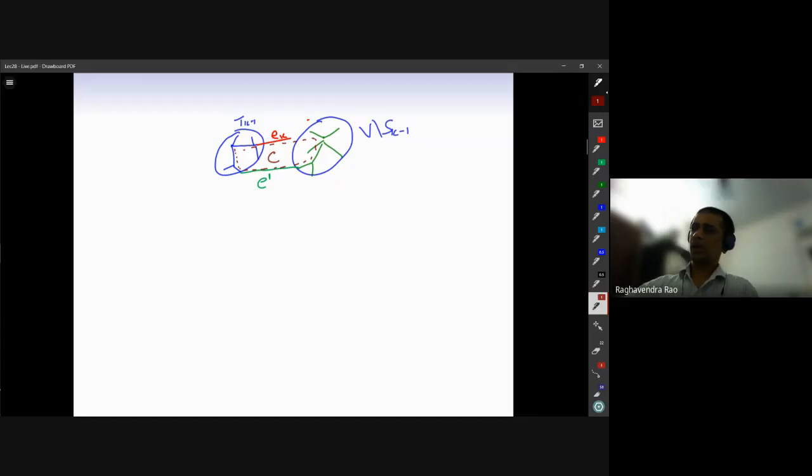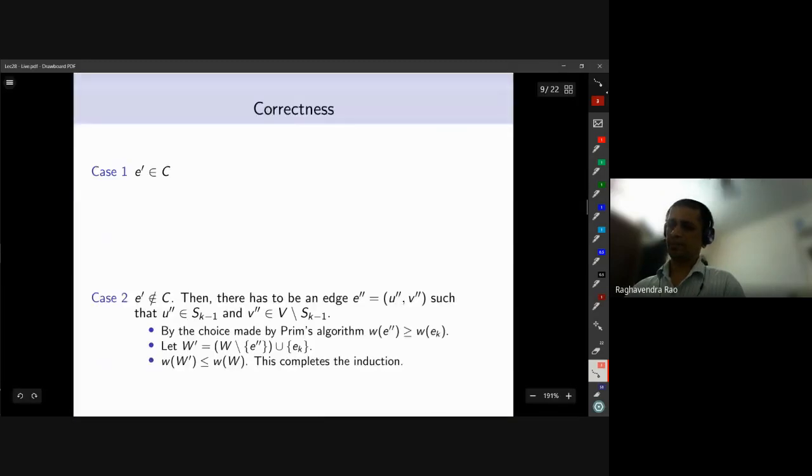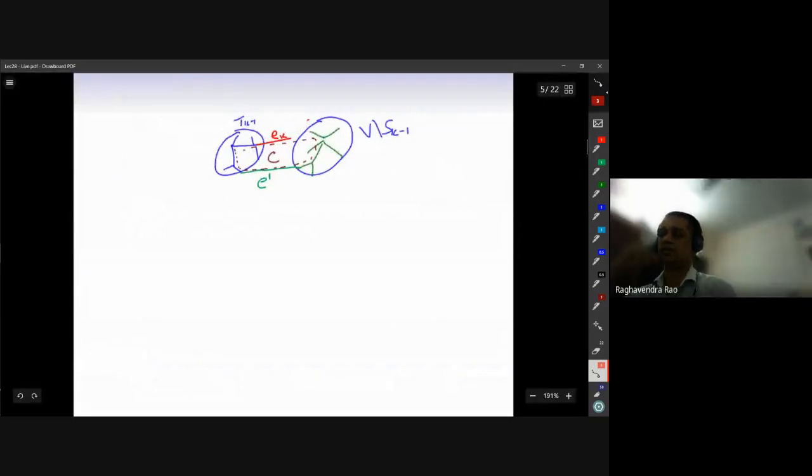Now we are going to divide into two cases, whether E prime is in C or not. Let's first see what happens when E prime is in C. We'll talk about the second case later. So if E prime is in C, how will you go about it? You just stare at this diagram.